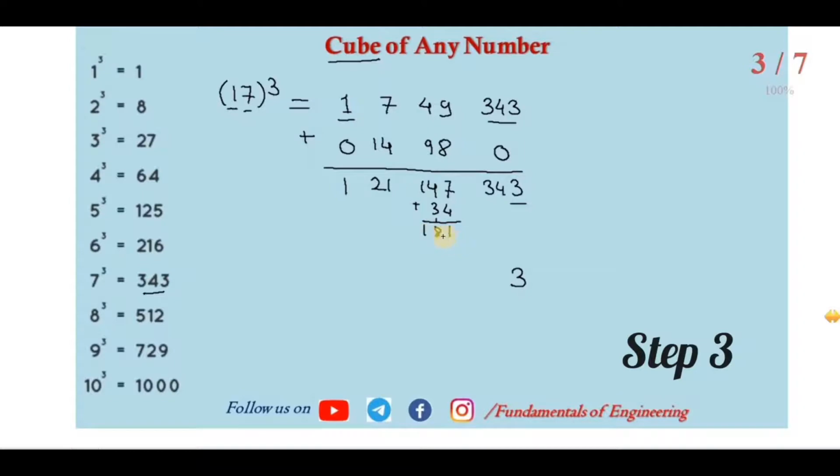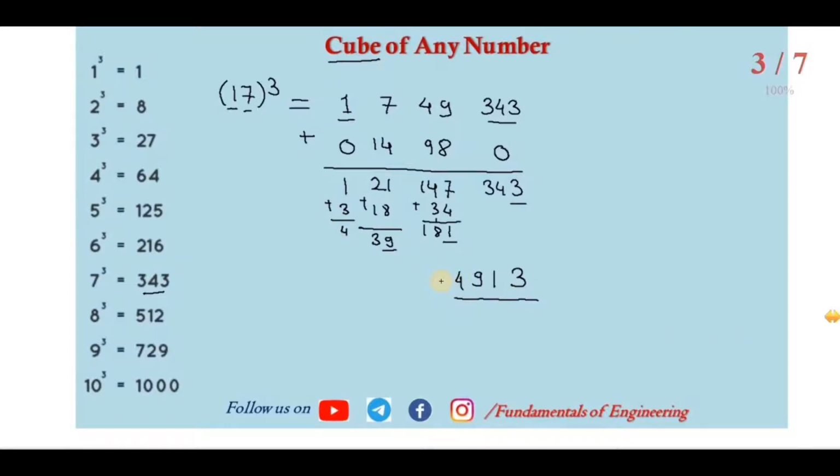So whatever the 181 we are getting, we have to take the last digit. So I have taken 1. So 18 will be carried here and we have to add. So 8 plus 1 is 9. 2 plus 1 is 3. This 9 we have to take. Then the 3 we are getting, we carry here. 3 plus 1 is 4. That 4 will be here.